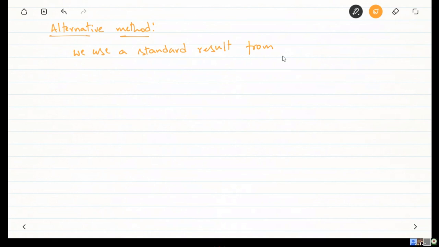You need not go through estimation theory right now for this purpose, but there is a very basic standard result from estimation theory, which we will state now, and then we will use that result to find our orthonormal expansion, to find our S1 to Sk.